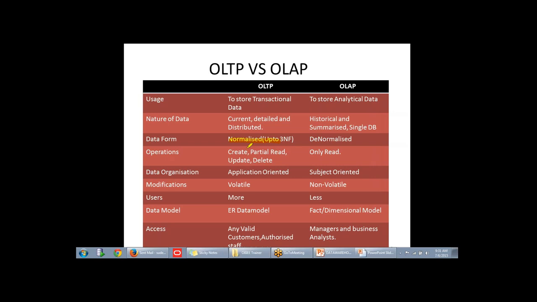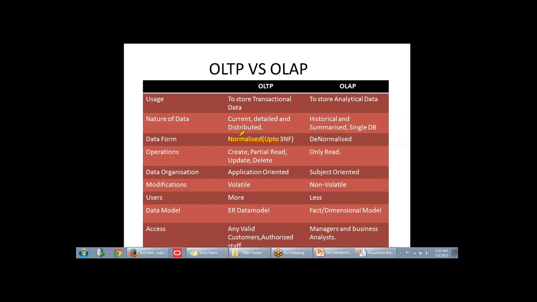Like table A is related to table B with a particular key, and table B is connected to table C with some particular key. In an OLTP system, we will have more joins, and a lot of complex joins there.